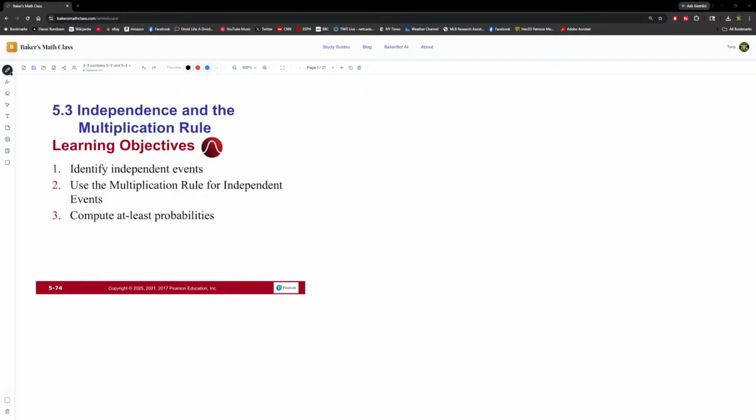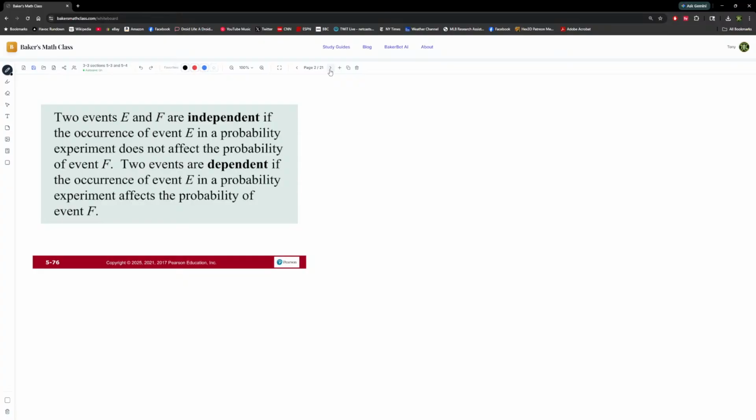So last week on Thursday, we talked about addition and the addition rules of probability. Today, we're going to look at the multiplication rules of two events and if they're independent or not.